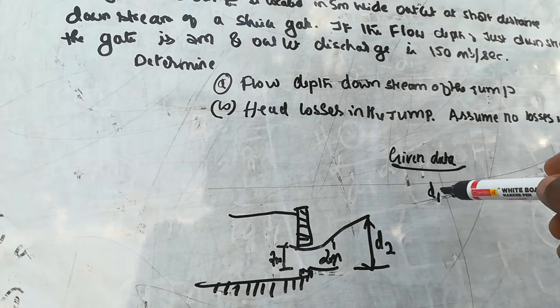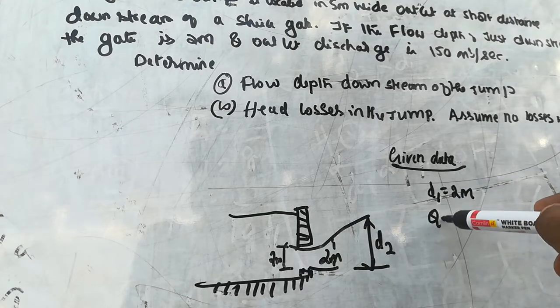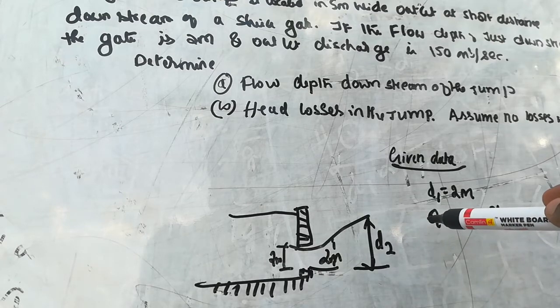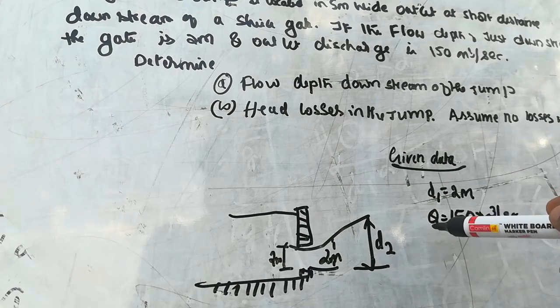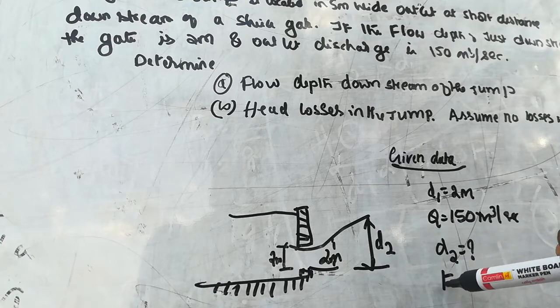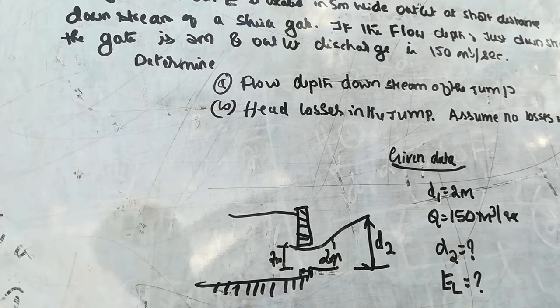All the units are in SI units, and Q is equal to 150 meter cube per second. The flow depth downstream d2 we need to find out, and the head loss HL also we need to find out.